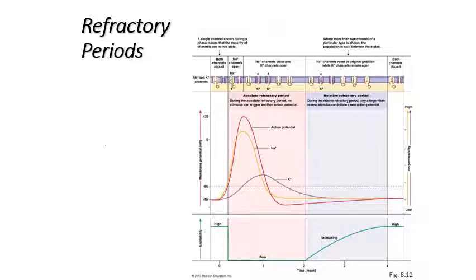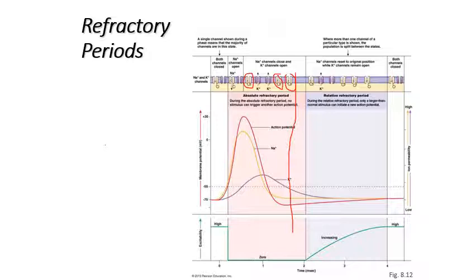This is actually a good one. Again, I'd probably put the refractory period over here, but this is showing the state of the different channels during the absolute refractory period. Where is the state of my channels? They haven't reset yet. In my relative, my channels have started to reset.